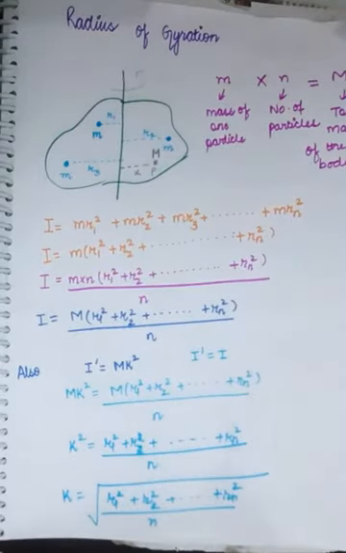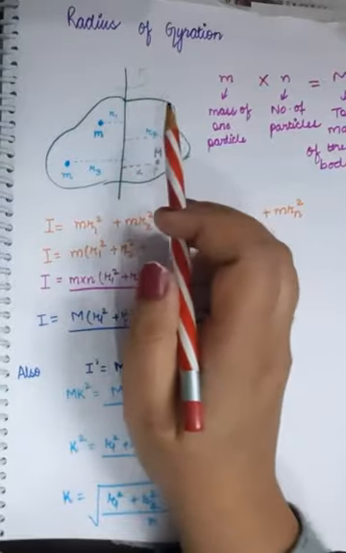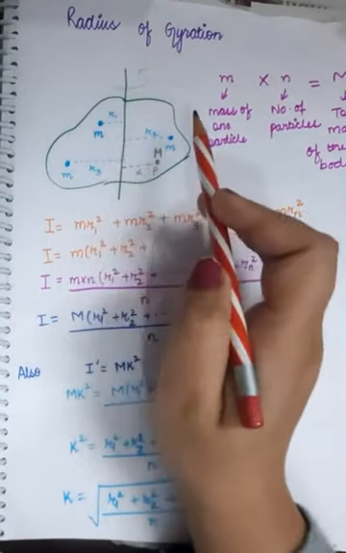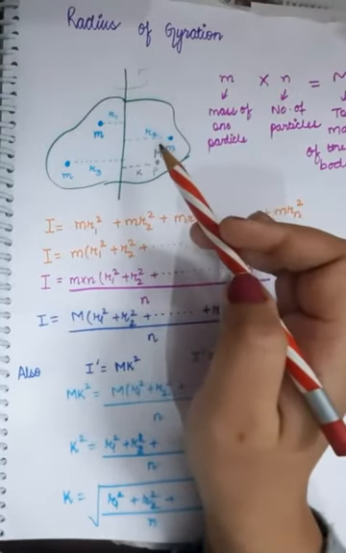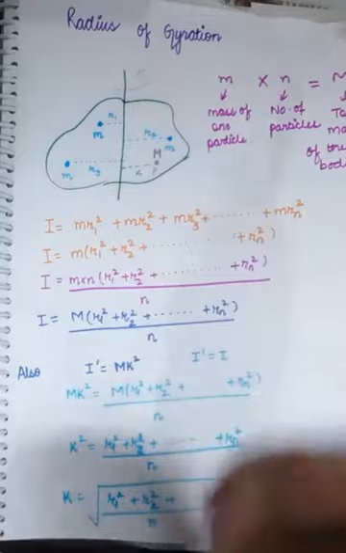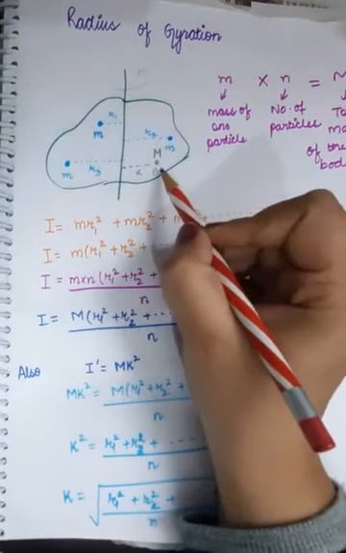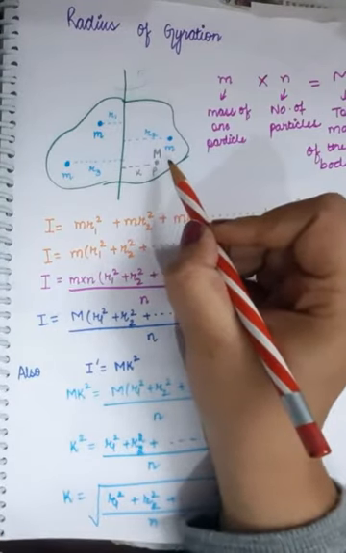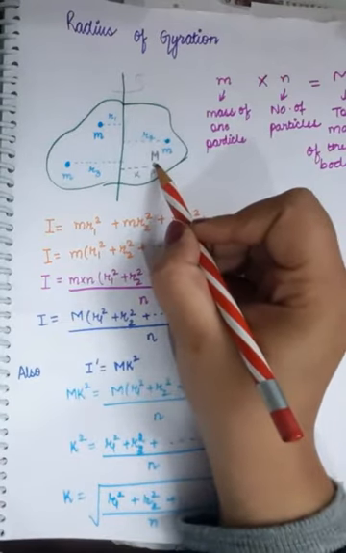So what is radius of gyration? Basically, if you calculate the moment of inertia of this rotating body, you need to see if this body contains some point P where the whole mass of the body can be supposed to be concentrated, which is the center of mass.